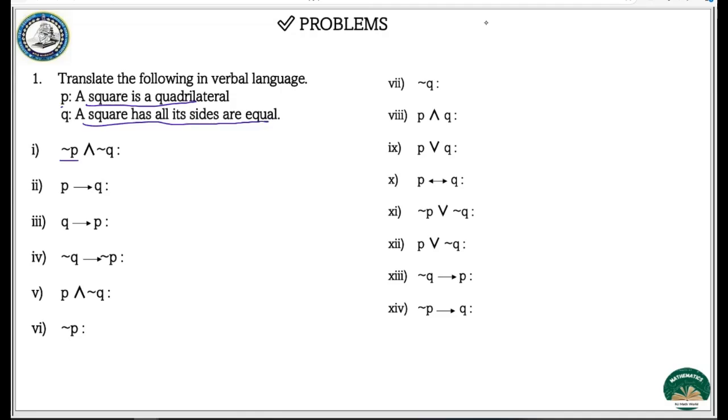So what should be negation P and negation Q? When it is negation we should use "not". And, the cap symbol, means we should use "and".